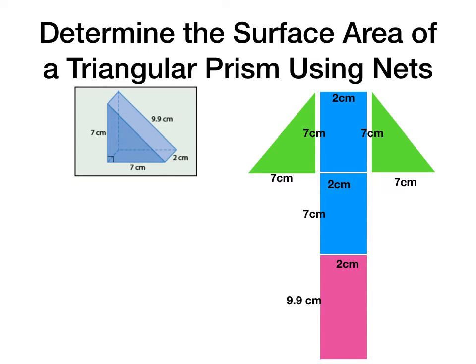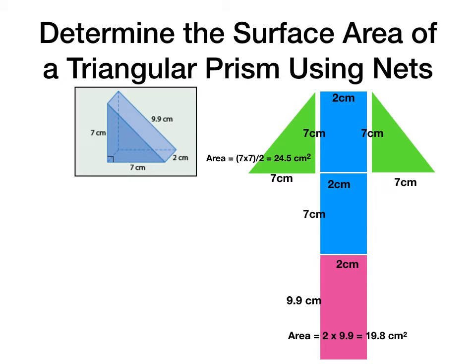All I need to do now is determine the area of each of the shapes making up this net. My triangle's area is its base times its height, 7 times 7, and then we halve it because it's not a full rectangle, which gives us an area of 24.5 centimeters squared.